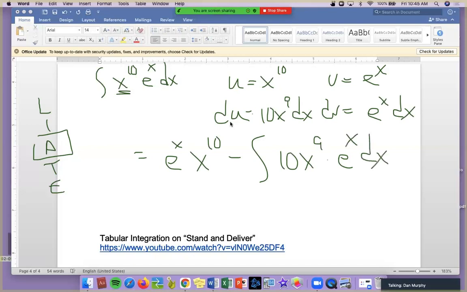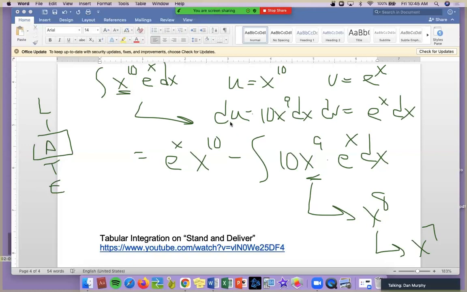Okay, so you've done one iteration that's got you from x to the 10th to x to the 9th. Then you'd have to do another iteration to get to x to the 8th. And you'd have to do another one to get to x to the 7th. And I hope you can appreciate it's an absolute nightmare. There's a technique, I hate calling it, it's a variant on integration by parts.